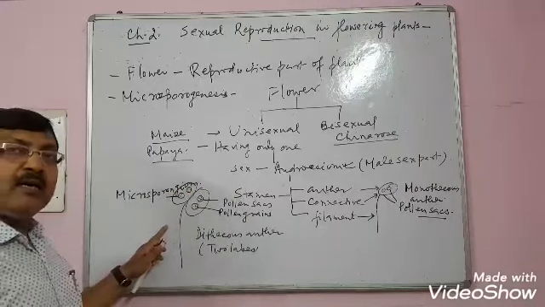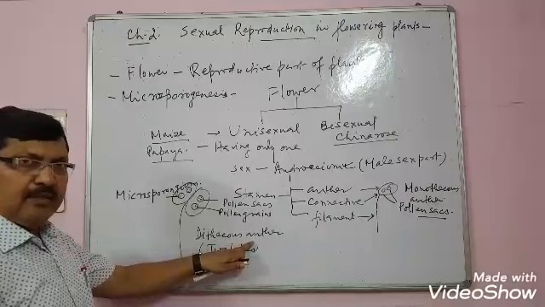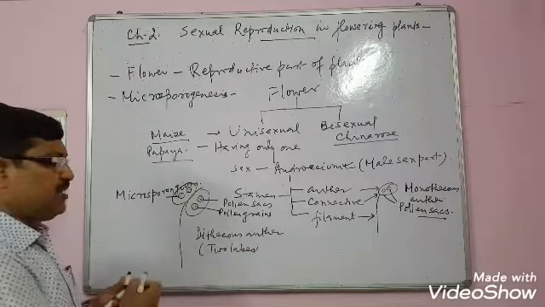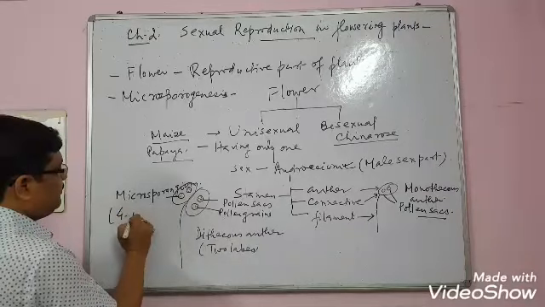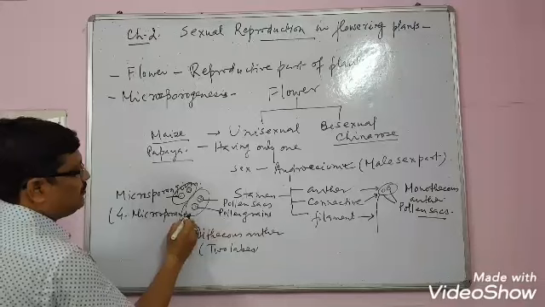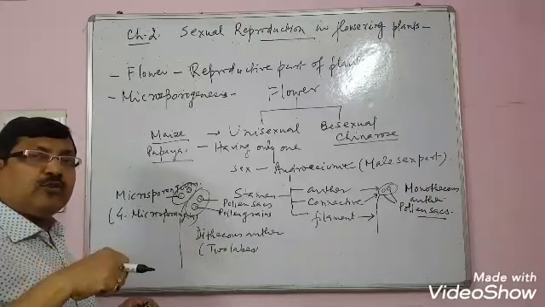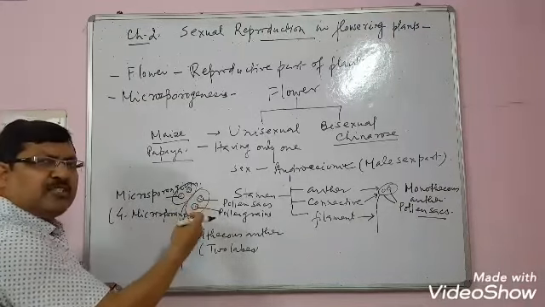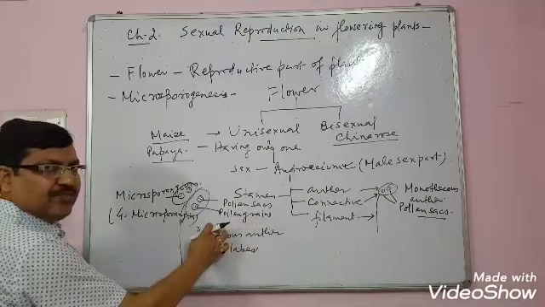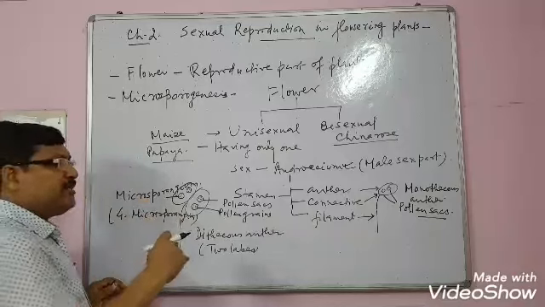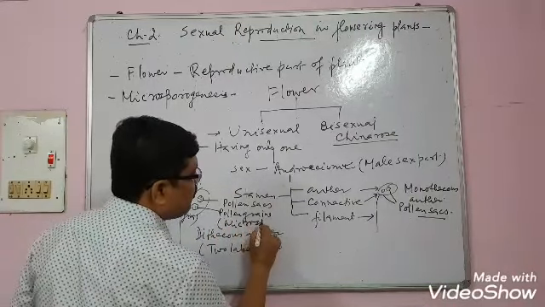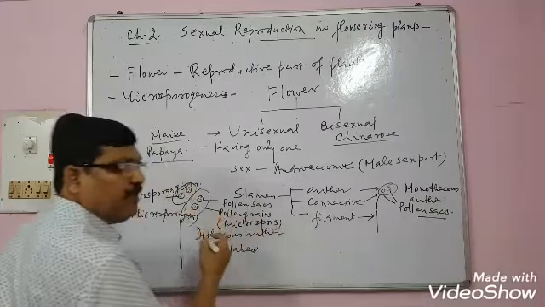Means in a dithecous anther there are four microsporangia, and in each microsporangium hundreds of pollen grains will form, and these pollen grains are also called microspores.